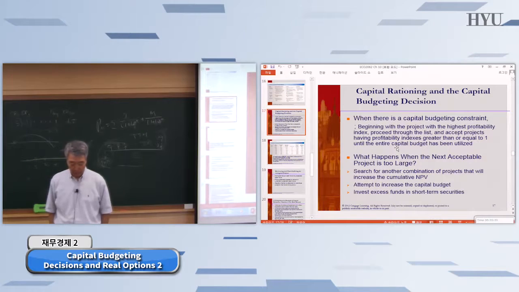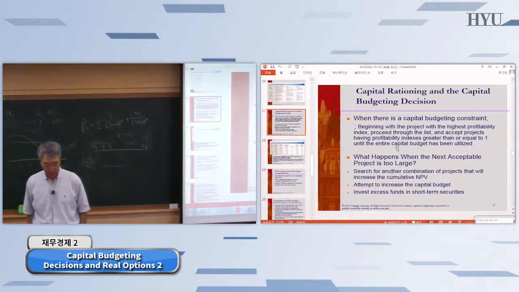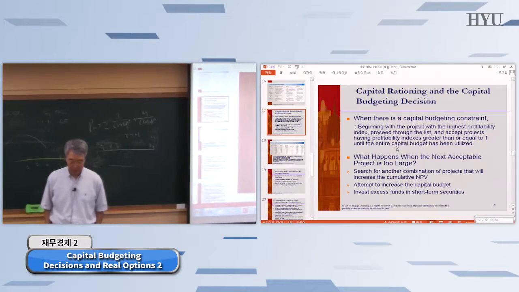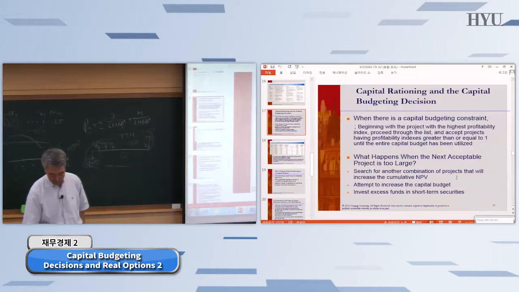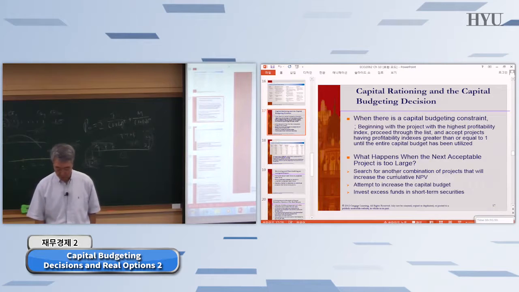If you cannot find that combination, then you attempt to increase the capital budget. Of course, it's an obvious thing. If you can't do that, if neither is acceptable or feasible, then you put the excess funds in short-term securities. Why short-term securities?